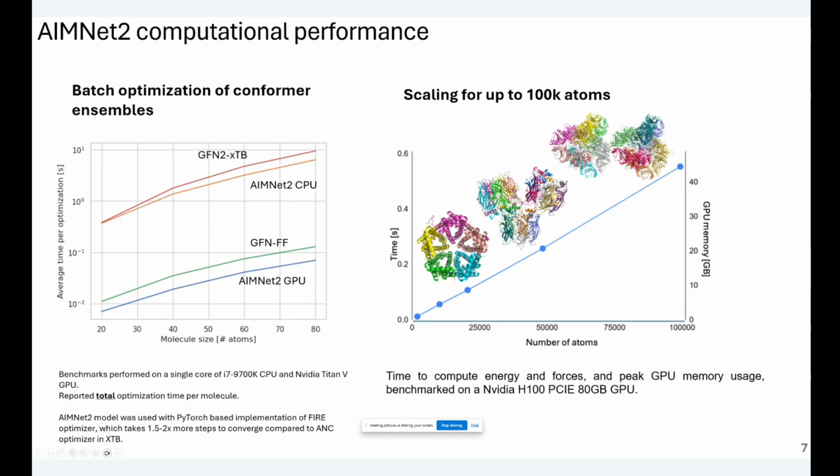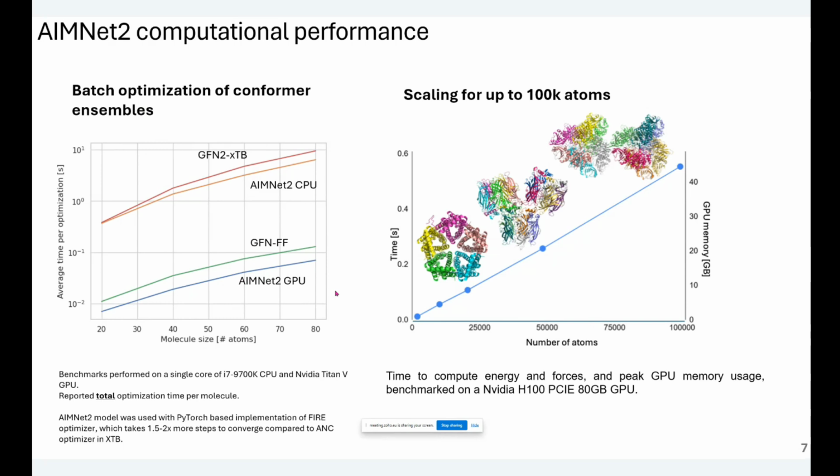And the graph on the left is a little bit tricky to interpret, but we compare with two of our major competitors, force field and semi-empirical methods, and the one that implemented xTB, beautiful software by Grimme. And basically, this is an end-to-end computational efficiency comparison.